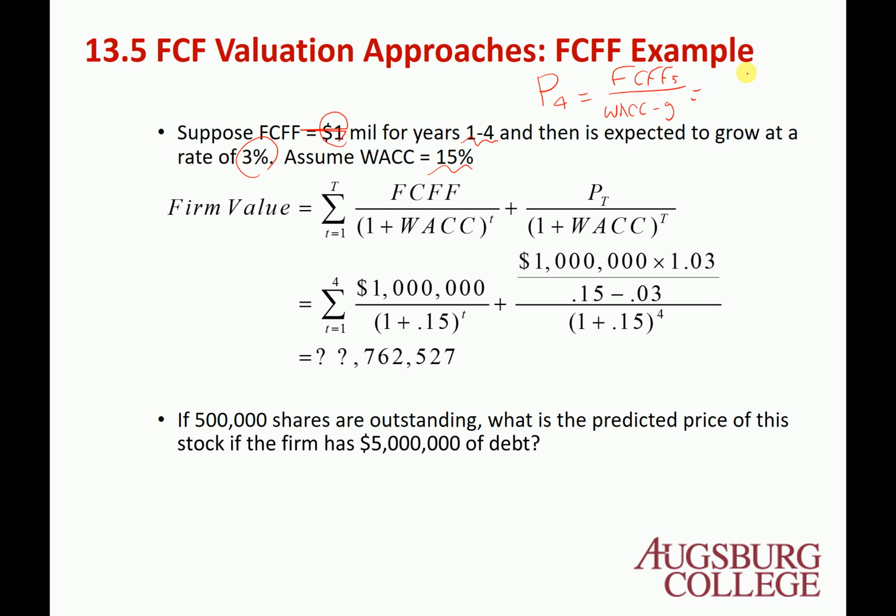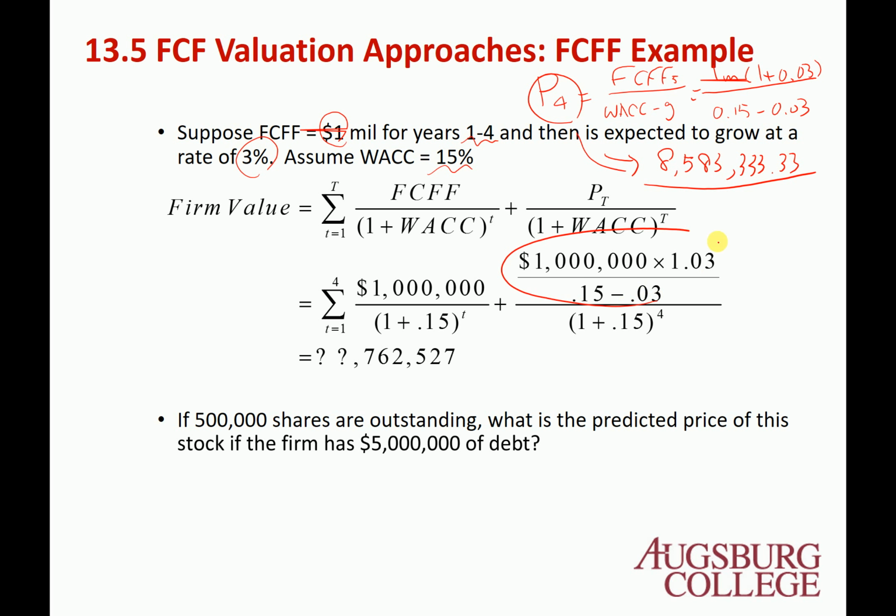This one should be 1 million times (1 plus 3%) divided by WACC of 15% minus growth rate of 3%. Now the terminal value will be 8,583,333.33. So that's this one, right?